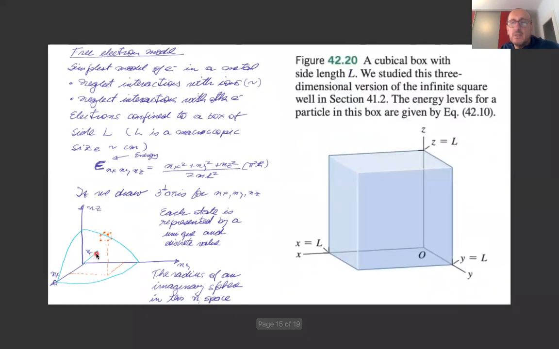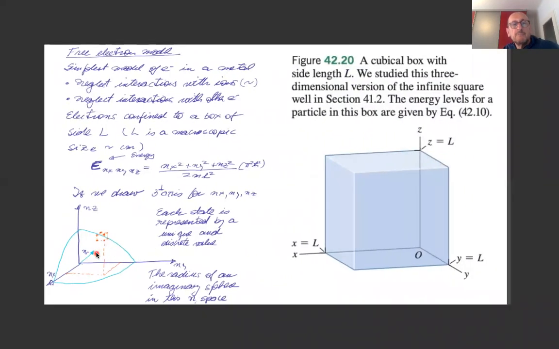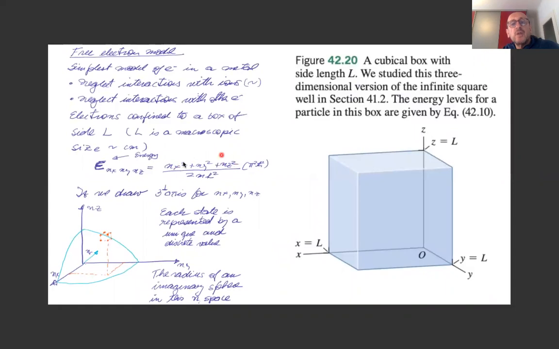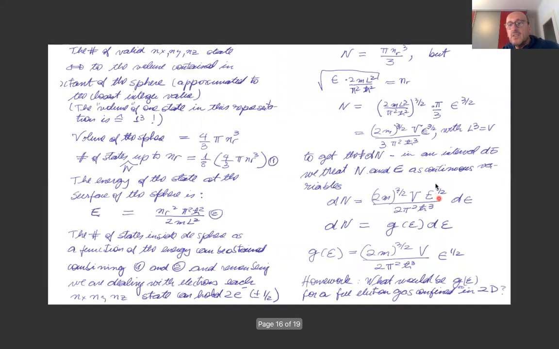Well, the radius squared, this nr squared, is proportional to E. Okay, so this is what we use to arrive at this expression here. And now we have the differential number in this small volume equal to G(E) times dE. Okay, and G(E) has this expression that is here.